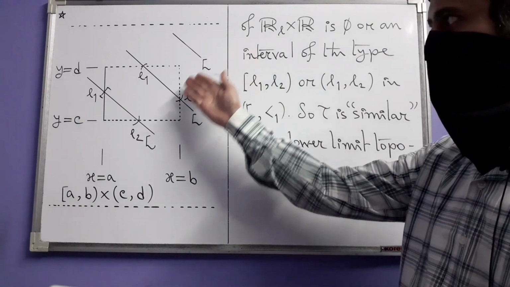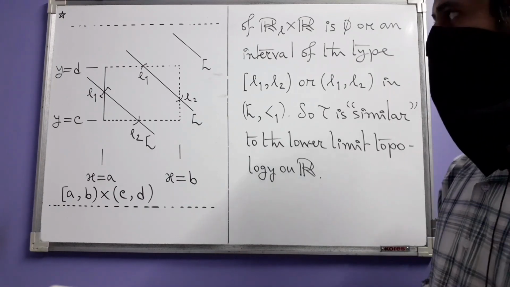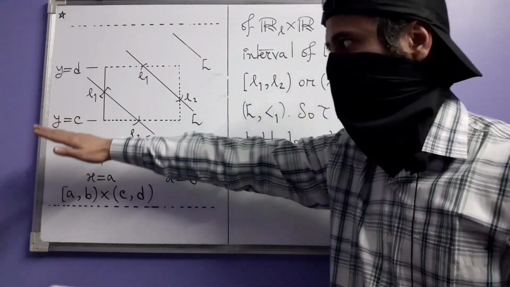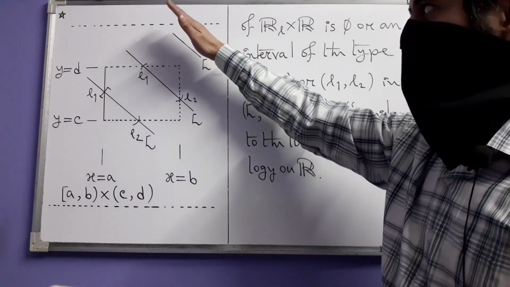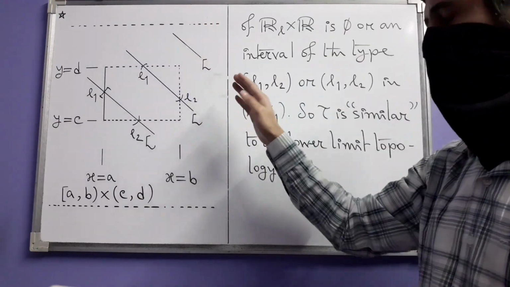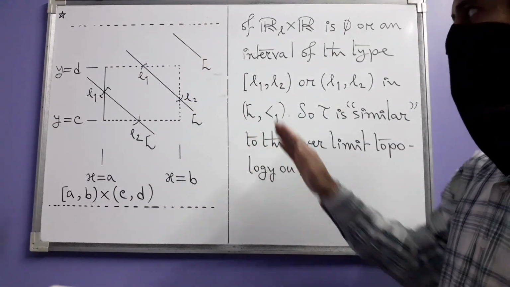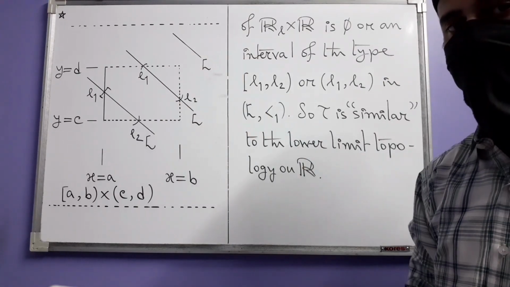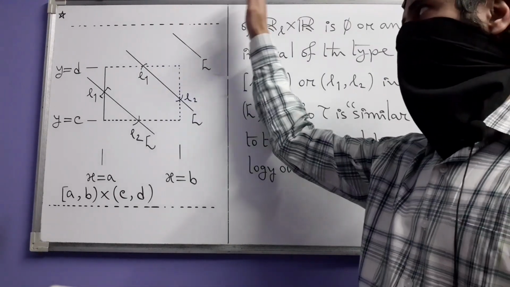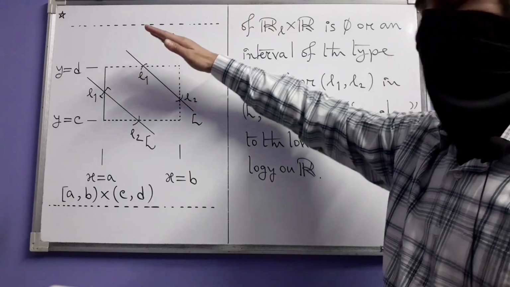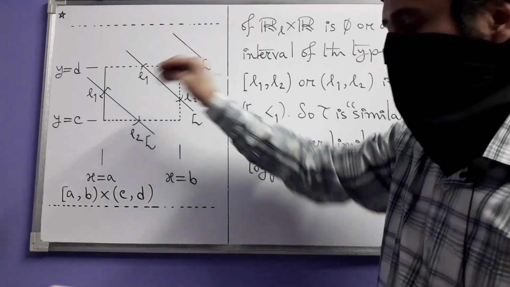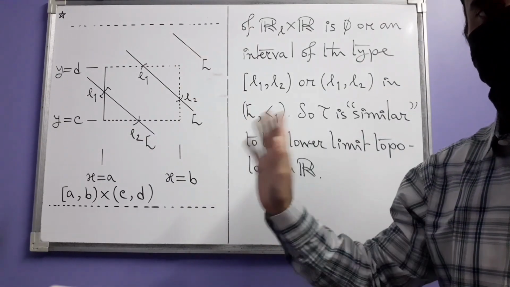These are the possibilities for L. L may be like this, or L may lie on that side also, and L may be tilted in any way. Here L is negatively tilted, in the sense that L has negative slope. L may be steep or not that steep, anything can happen, but say L does not intersect this at all, then of course the intersection is empty.